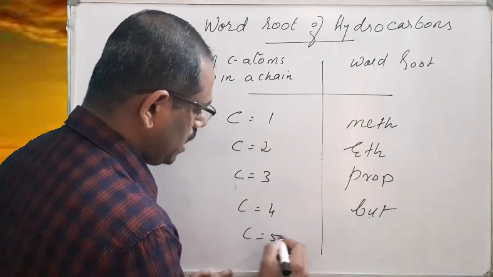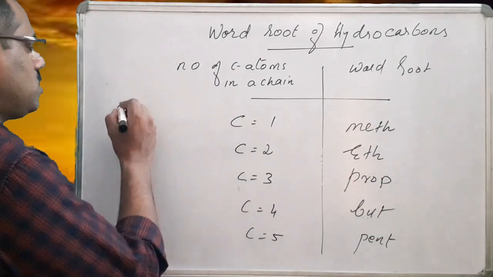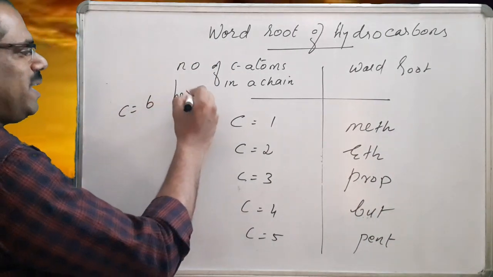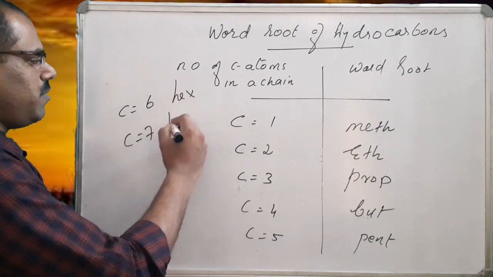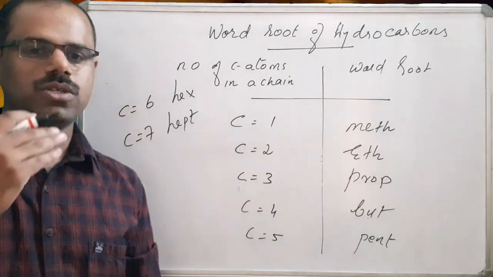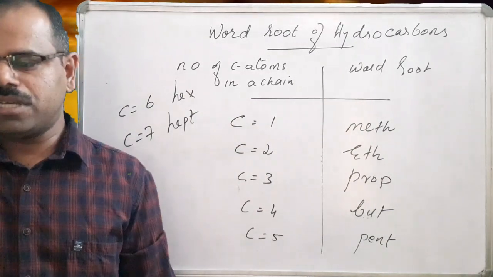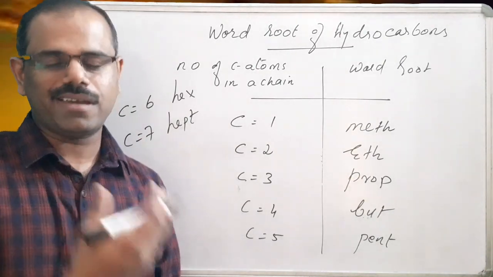C equal to 5, pent. C equal to 6, hex. C equal to 7, hept. C equal to 8, oct. C equal to 9, non. And C equal to 10, dec.